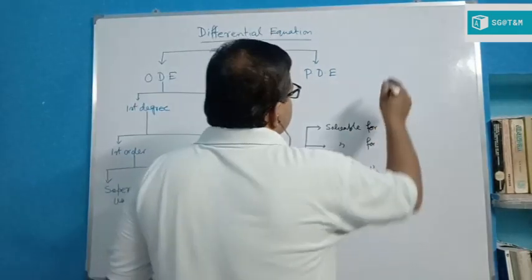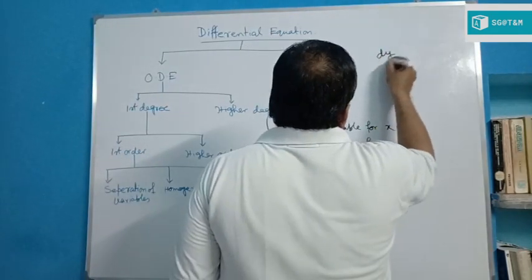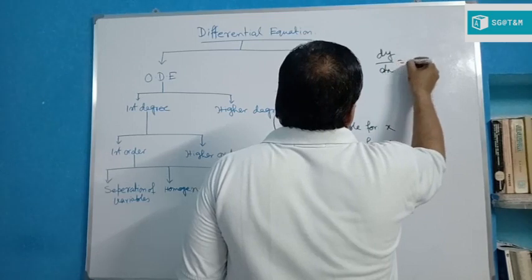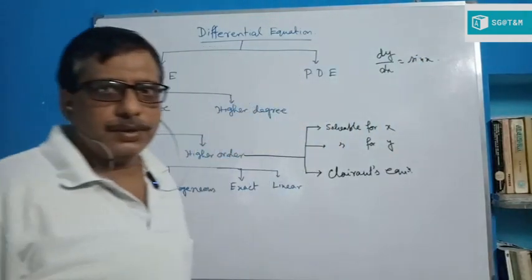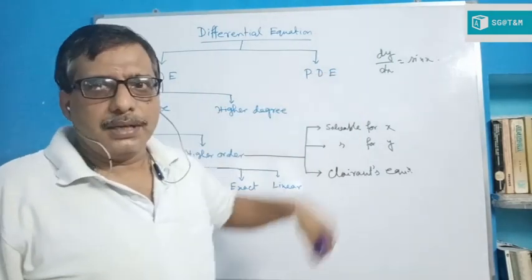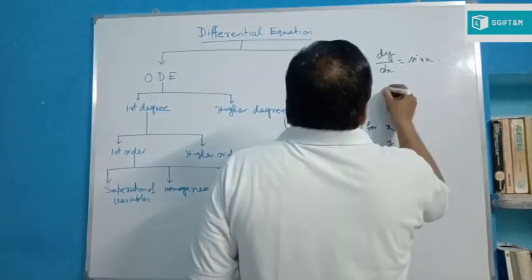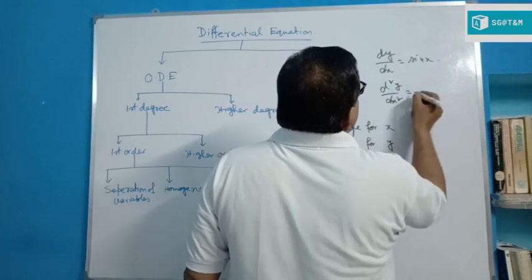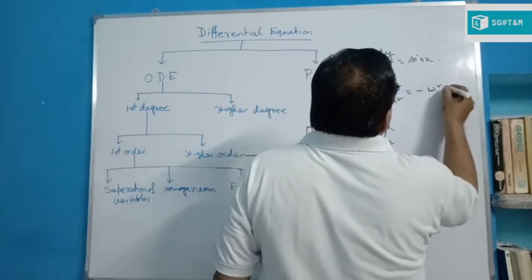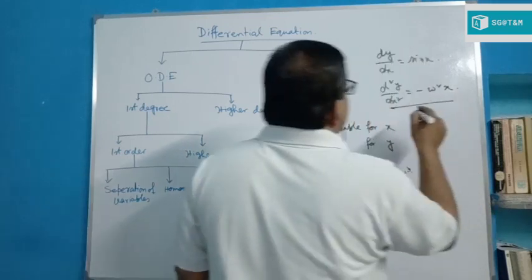If we write dy/dx is equal to sin x, this is also differential equation, since this equation contains differential coefficient dy/dx. Or d2y/dx2 is equal to minus omega square x. Well known equation.